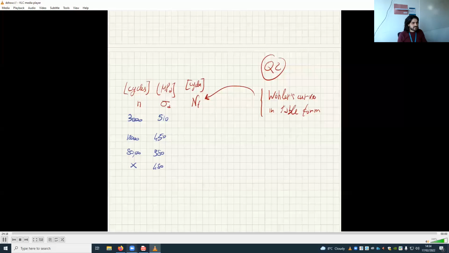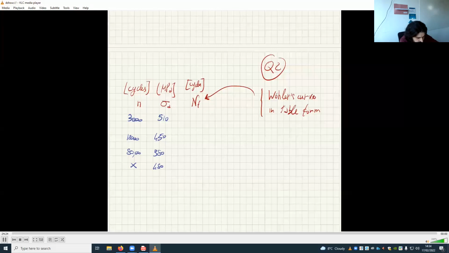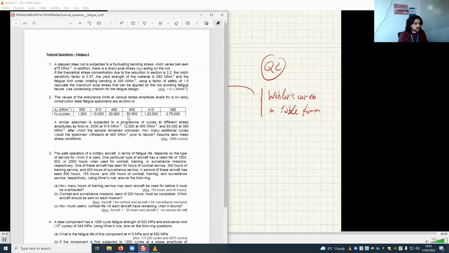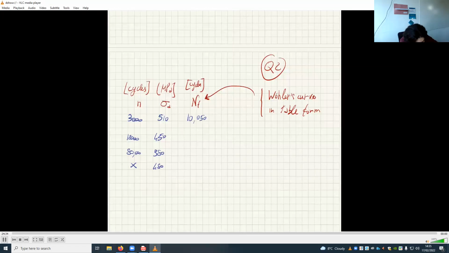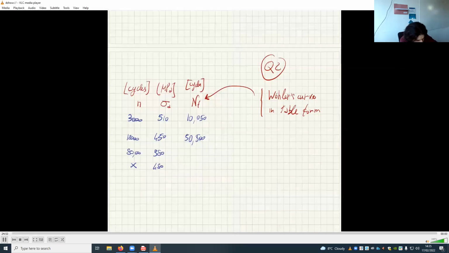And we have 510 corresponding to 10,050 cycles. 450 corresponds to 50,500 cycles. 380 corresponds to 275,000, I think it's 275,000.